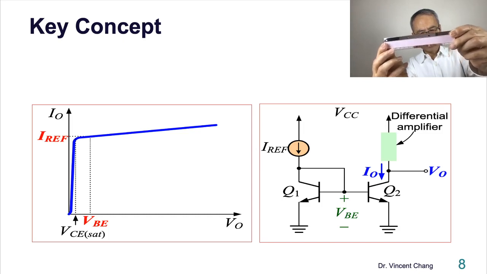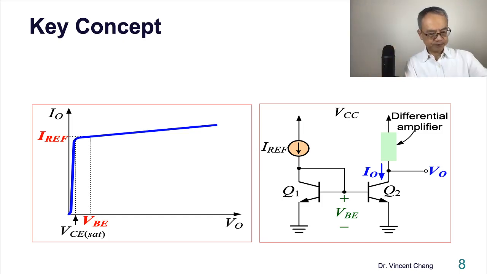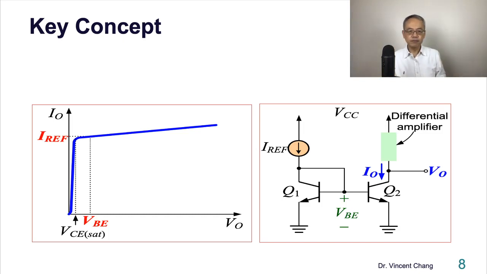Others are pulled like this, because the current source is not ideal. It's close to constant, but it's not truly constant. So we need a test. How are we going to test this?